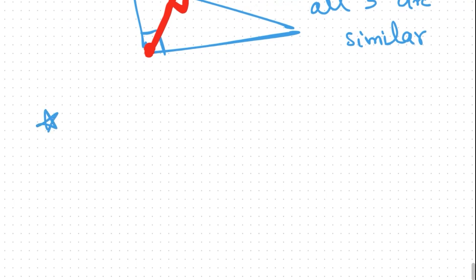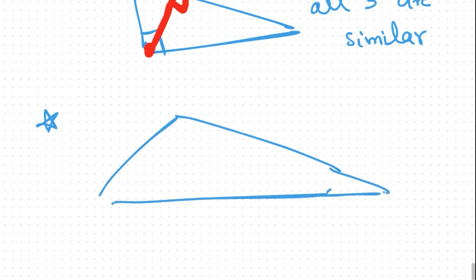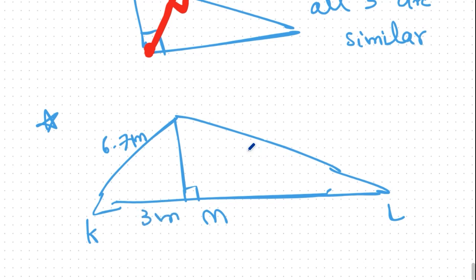Let's consider a question from the textbook. A triangle is like this, and an altitude is dropped like this. We don't know if this angle is 90 degrees; it is not mentioned in the question. This time the data is given: K and L, 6.7 meters, 13.4, and 12.